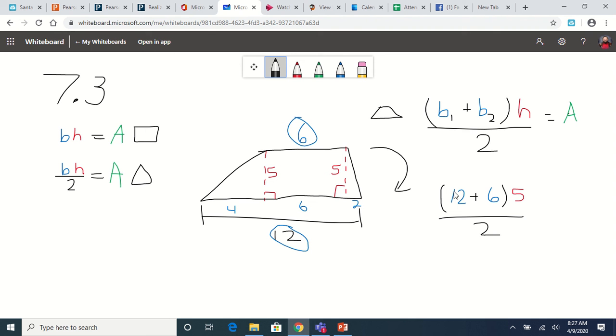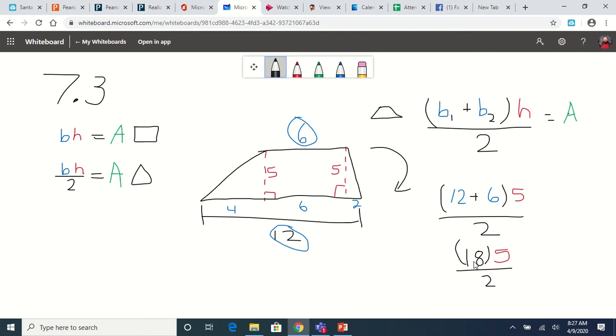So if I do the steps, follow order of operations, right? 12 plus 6 gives me 18, and 18 times 5. So I'm going to stay right here. 18 times 5 divided by 2. Alright, 5 times 10 is 50, 5 times 8 is 40.